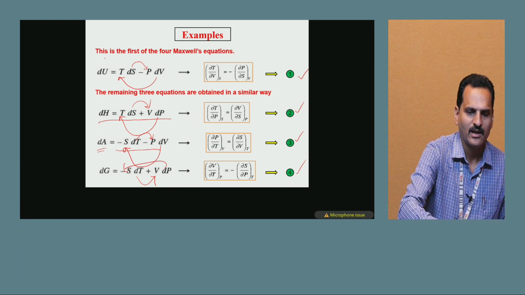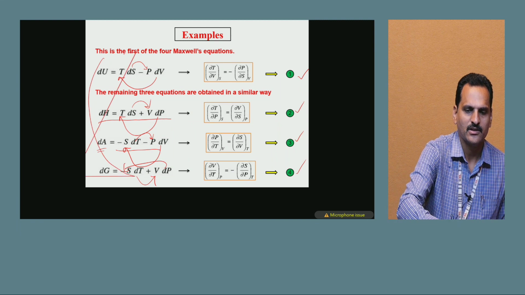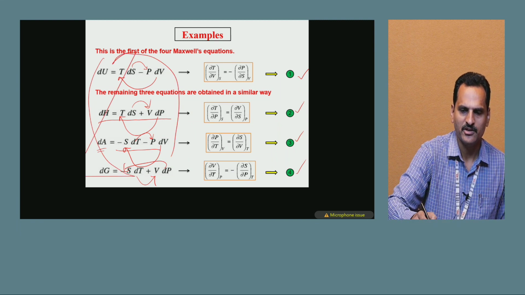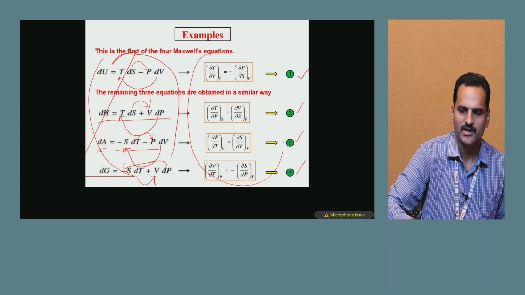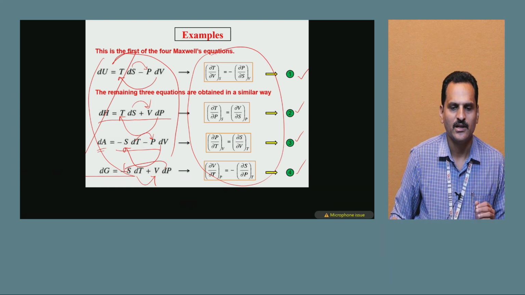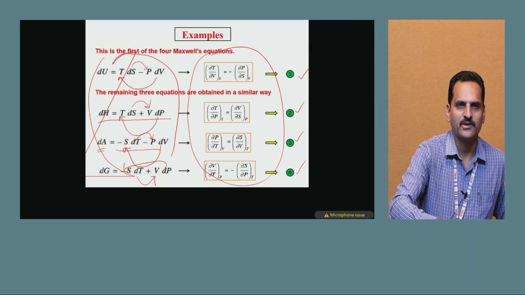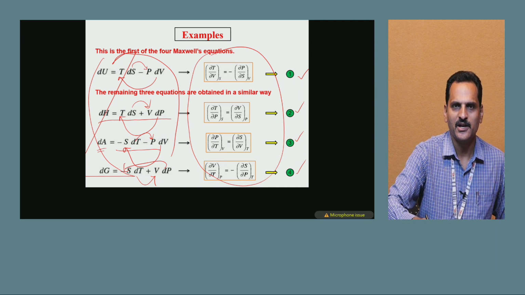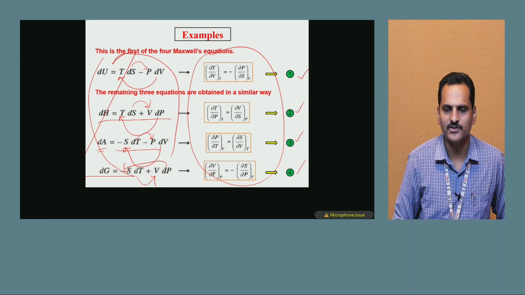All these left hand side equations are called fundamental property equations, and the right hand side equations are called Maxwell equations. The differential form equations are called fundamental property equations, and partial differential form equations are called Maxwell equations.